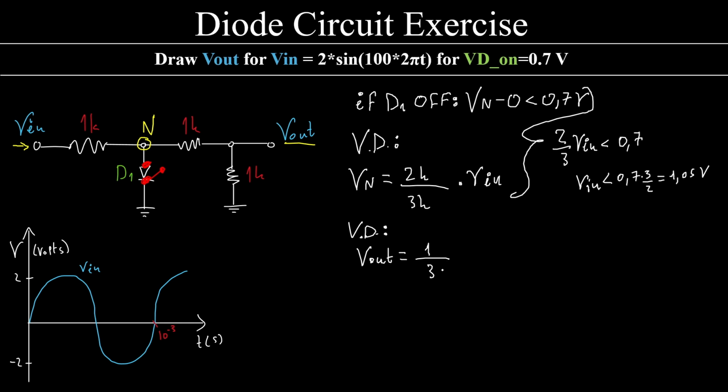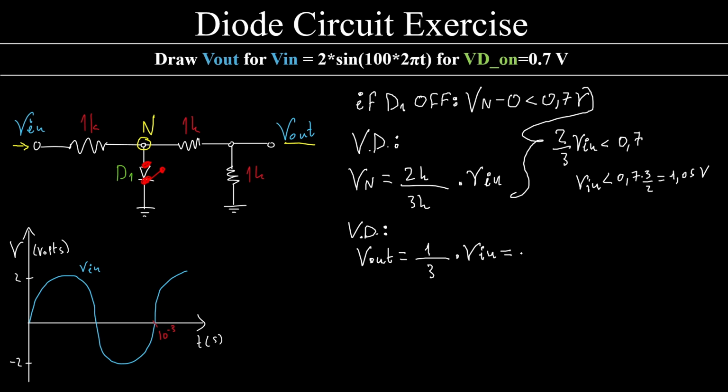This is kilo ohms, which get simplified. All of this times the input voltage V in. So V out is going to be 1/3 of V in. So whatever we have at V in is going to be followed and scaled down by a factor of 3.